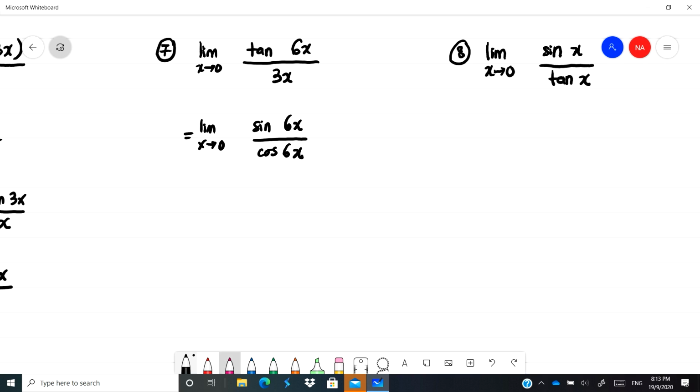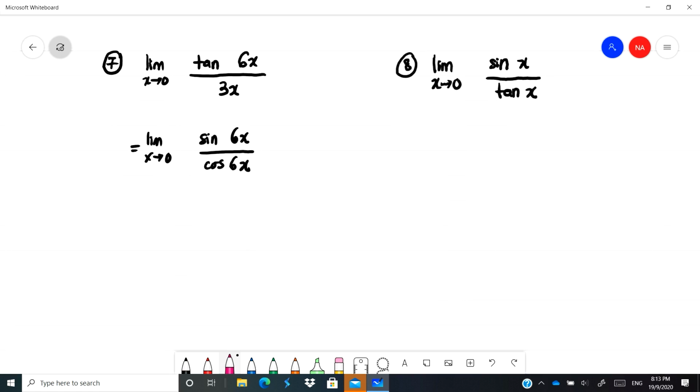What about this 3x? Let's say I want to simplify it as x approaching 0 of tangent 6x. If we want to put the 3x at the side, it will be 1 over 3x.